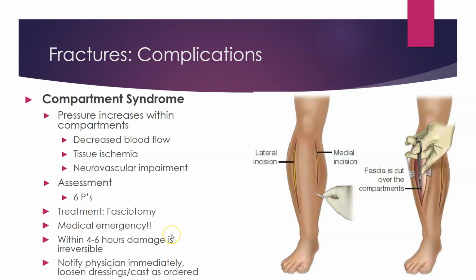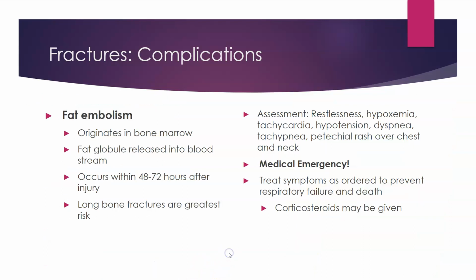It's a medical emergency, and so they want to know about this really rapidly. So if you have anybody that's getting neurovascular compromise, so poor perfusion, dusky, cold extremities related to the casting, you've got to crack that cast, bivalve it, and open it up.